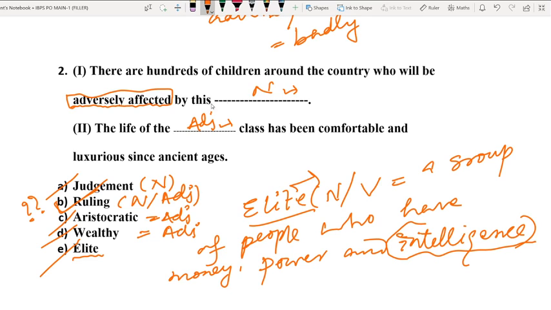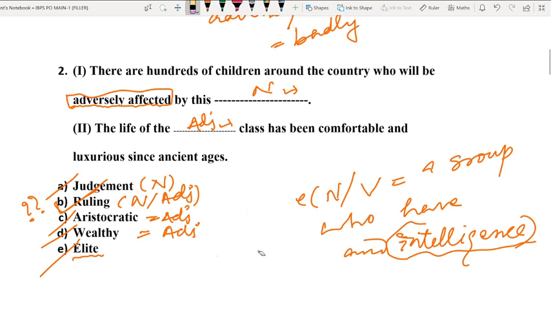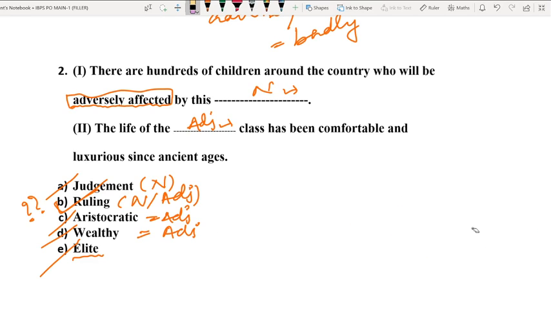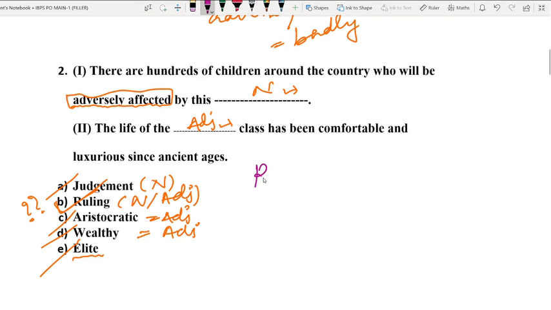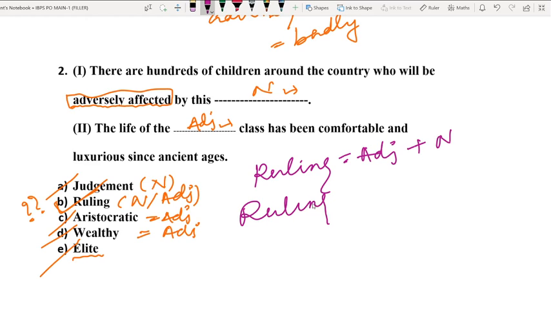And let me tell you, this ruling here carries two meanings. The word ruling has been used here as a noun, and at the same time it has been used here as an adjective as well. So dear friends, whenever you use ruling as an adjective, with class or with a noun, that means ruling class.